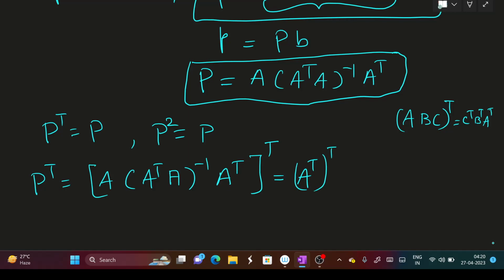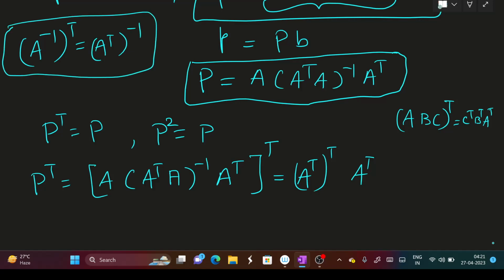Then A transpose inverse is equal to A inverse transpose. So there is no issue if I am taking the transpose inside the inverse symbol, as A inverse transpose is equal to A transpose inverse. This is already known to us.